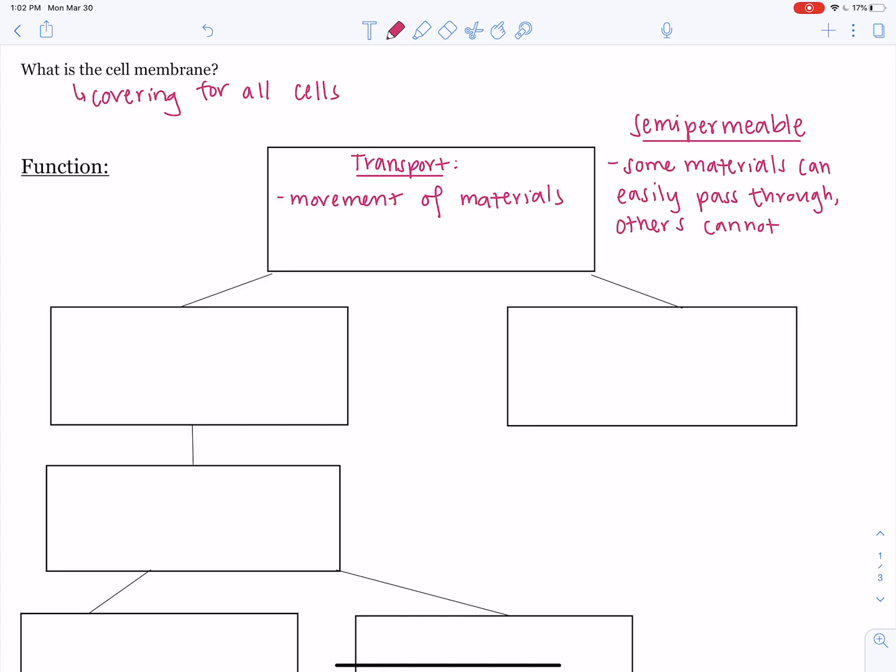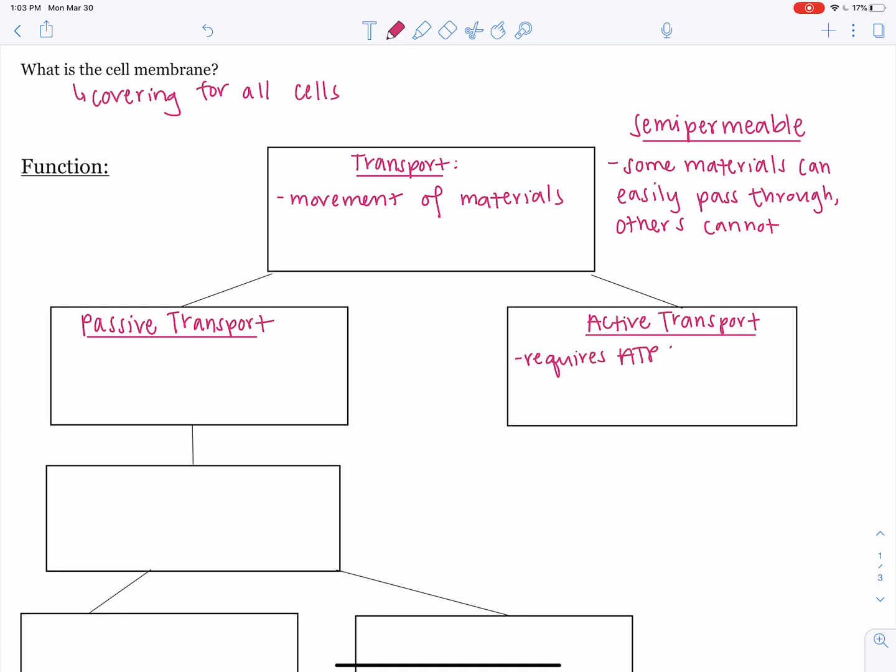Okay. When we talk about transport, we have two categories. We have passive transport, which we'll talk about in a second. And we have active transport. Active transport, I'm going to tell you a couple things and then just leave it at that for now. Active transport, it's called active because it requires ATP.